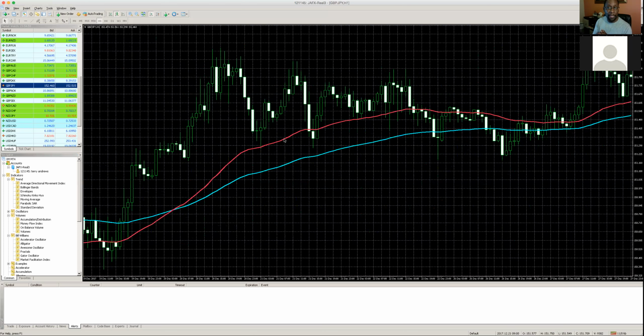Okay? And we talked about lot sizes there at the beginning, so I'll go over it again in a couple of minutes. But when the red is on top, you buy. You should be putting in an order to buy. In this case right here, I put in an order to buy GBP JPY.